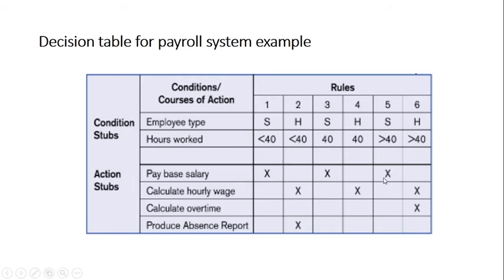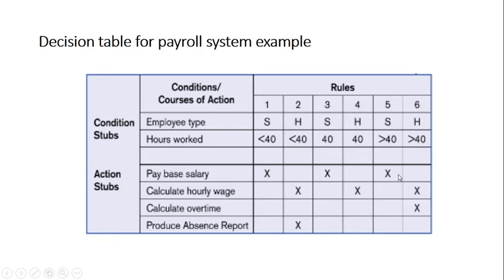See, the cross is mentioned here. If he is salaried, pay the basic pay. Number of hours does not have any impact on the salaried employee, right? Number of hours is not any concern here. Simply if he is salaried, you have to directly give him the basic pay.